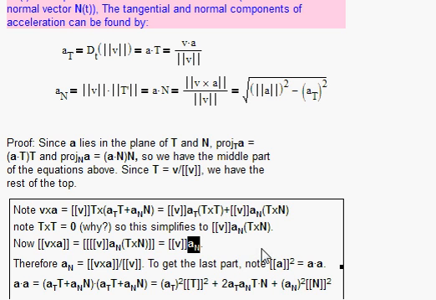Remember, this is length, and this is the normal component of acceleration, so that should be okay.